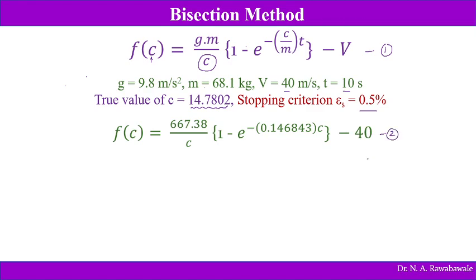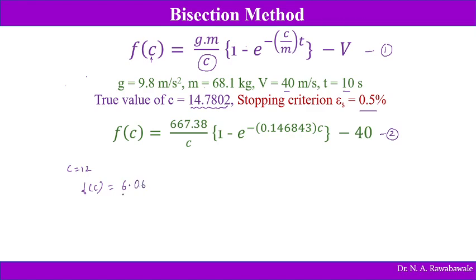Now we want to find the roots of equation number 1 using the bisection method. Here we consider two values initially, for example c is equal to 12. When we substitute c equal to 12 in this equation, f of c becomes 6.06.